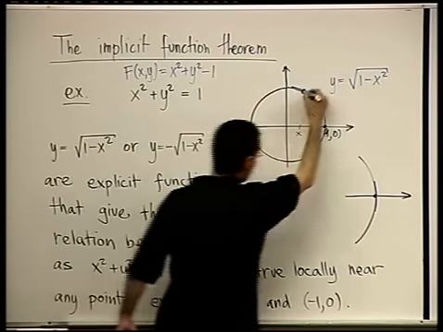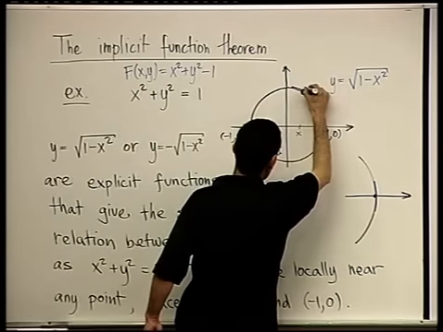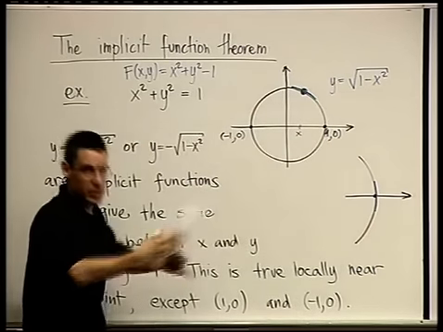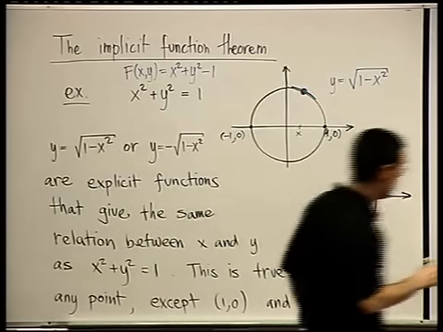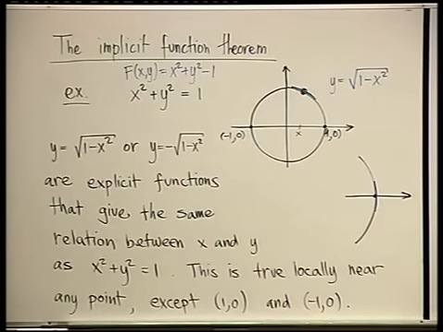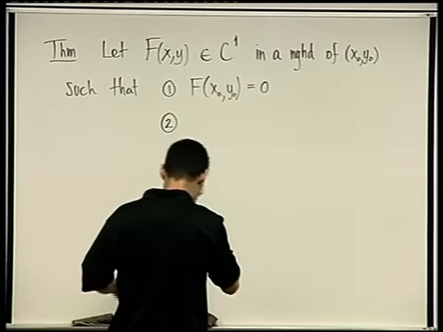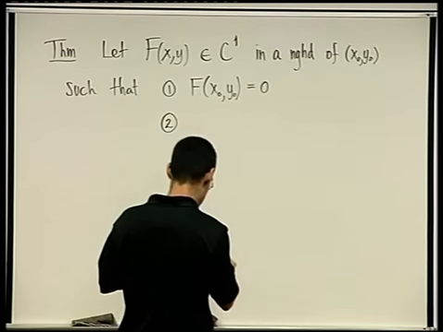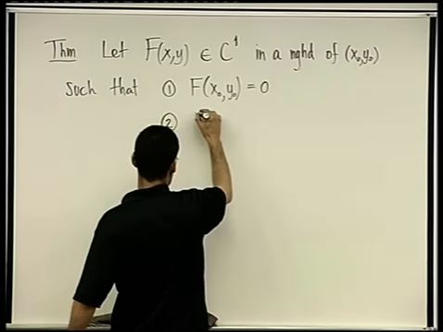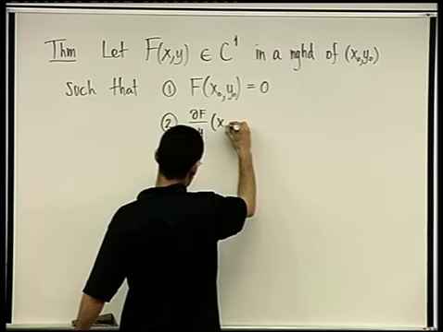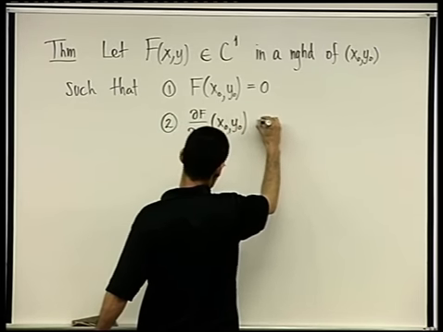So at points like this, providing they're not problematic, we're going to have the statement of the theorem. So back here, such that f at x0, y0 is 0, and this is the condition that the problematic points in the example don't satisfy. The derivative of f with respect to y at the point is not 0.